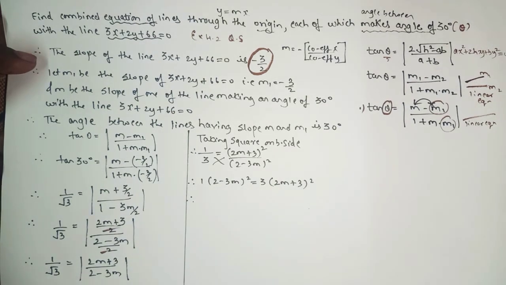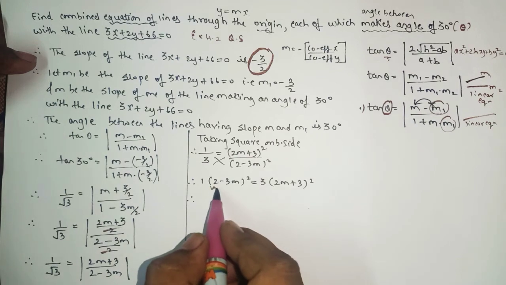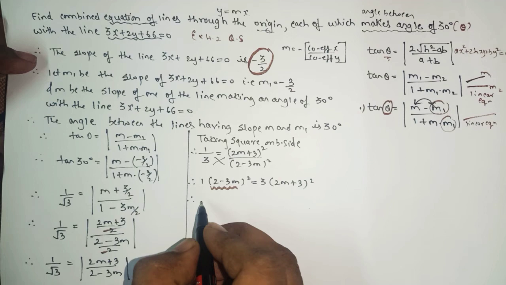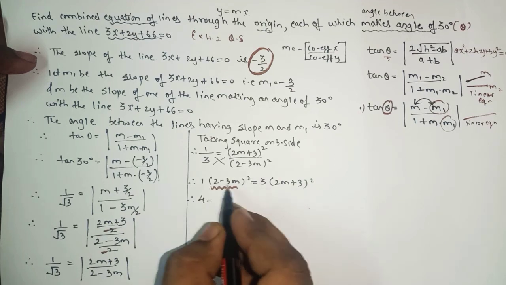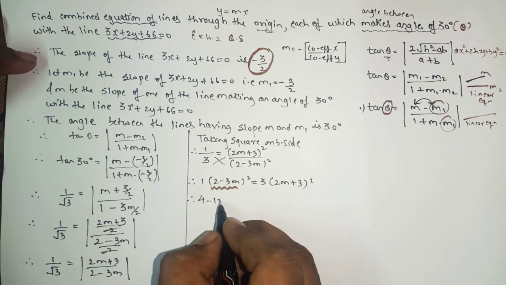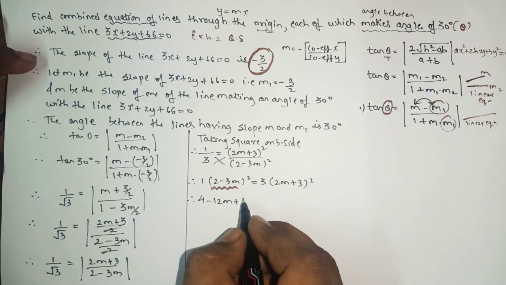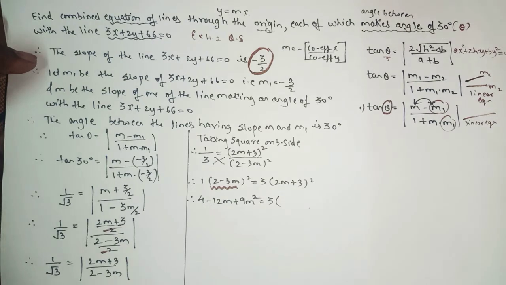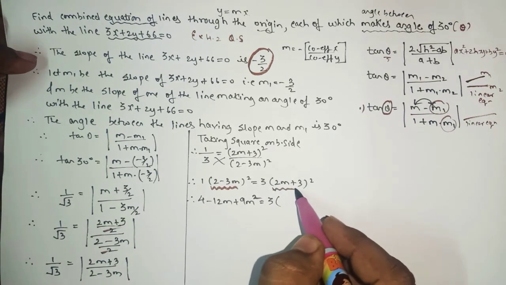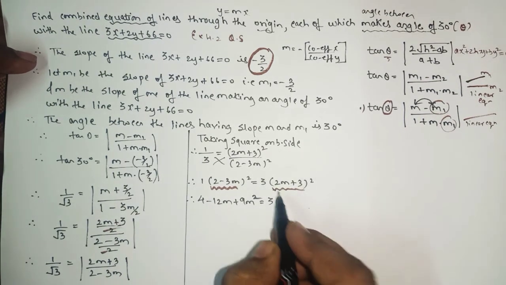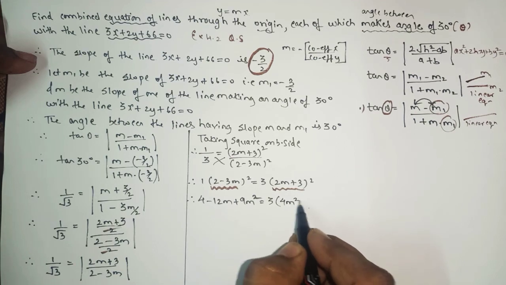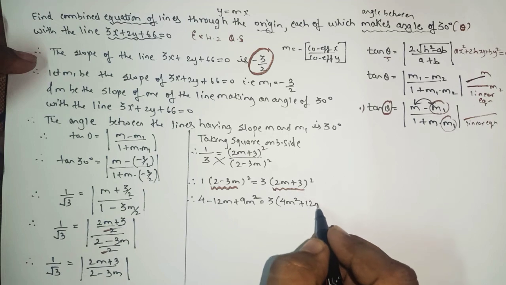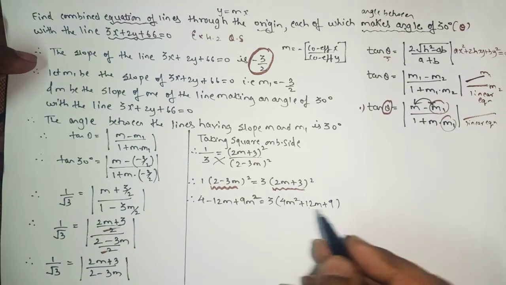Now simply apply the formula a minus b the whole square, so you will get a square minus 2ab plus b square. Keep this 3 as it is. This looks like a plus b the whole square, so a square will be 4M square, plus 2ab which is 12M, and 3 square is 9.